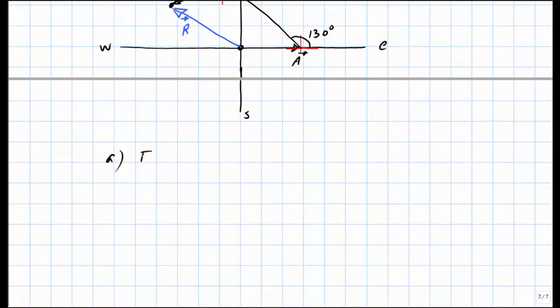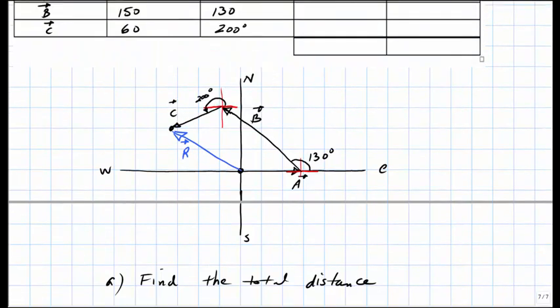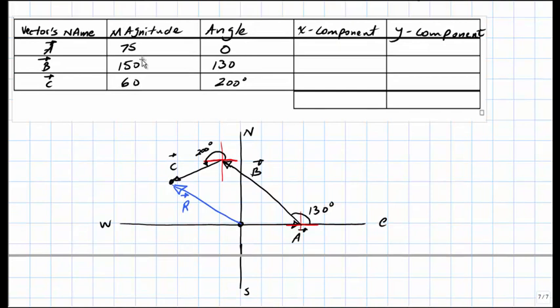So again, part A wants us to find the total distance. Well, it turns out that in order to calculate the distance, we just need to add the magnitudes of each leg of the journey. So the total distance is just a matter of adding the 75, the 150, and the 60, right? If we traveled this path with an automobile, that's exactly what the odometer would be measuring.